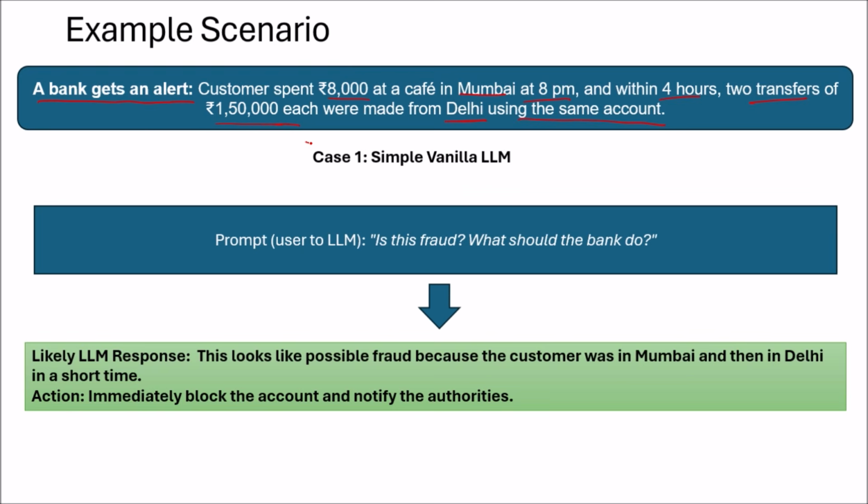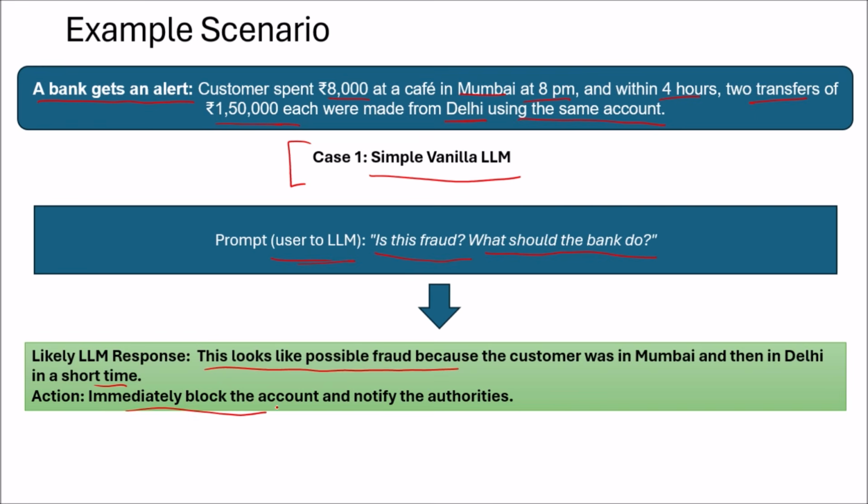Now suppose we try to solve this problem using a simple vanilla LLM, then what will happen? We will use a prompt like, is this fraud? What should the bank do? Then the traditional LLM may respond like this: this looks like a possible fraud because the customer was in Mumbai and then in Delhi in a short time.